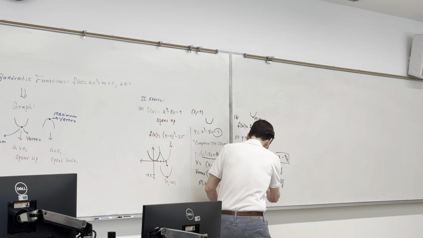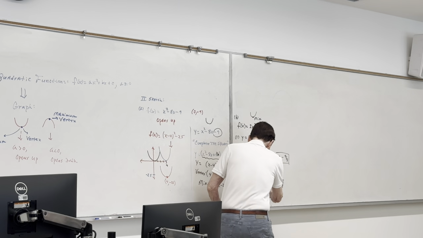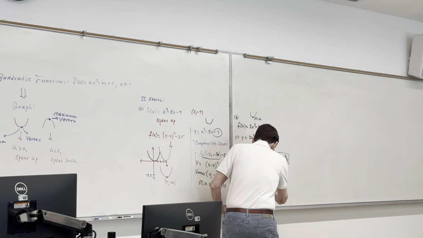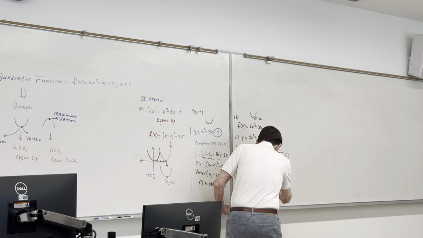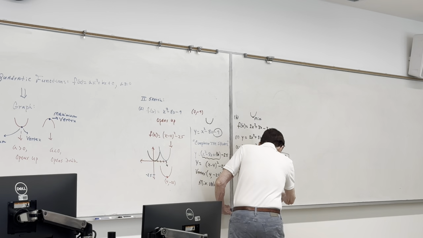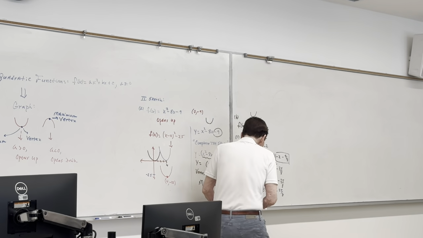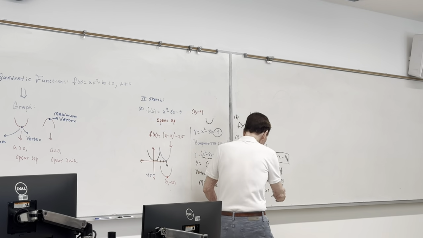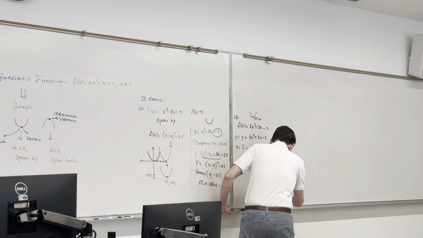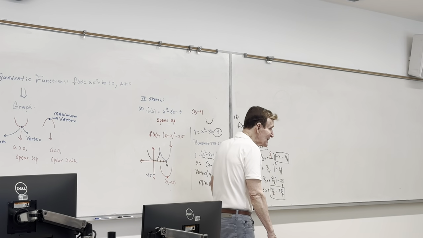Distribute by 2, you're going to end up with 2x squared plus 3x plus what, 9/8? So, 9/8. And of course, I still got to subtract 25/8 on the end. Yes or no? Well, these two put together give me a -16/8.